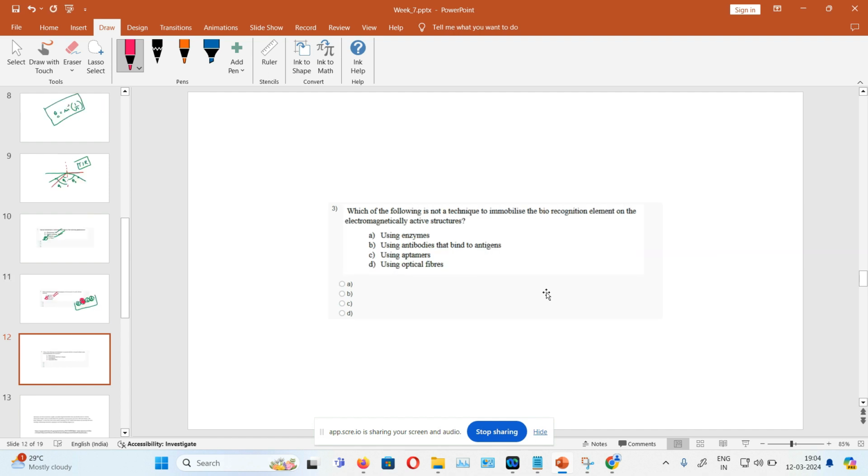Going to the next question. Which of the following is not a technique to immobilize the biorecognition element on the electromagnetically active structures? That's the question. You have to read the questions carefully, because there can be confusing facts.